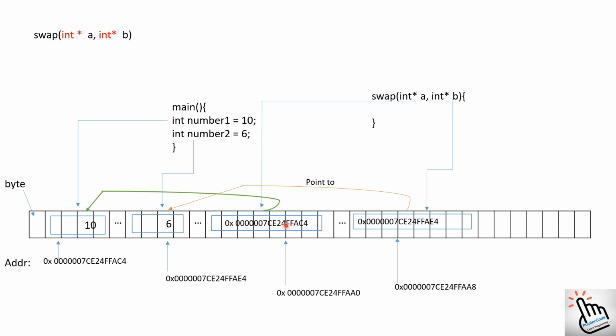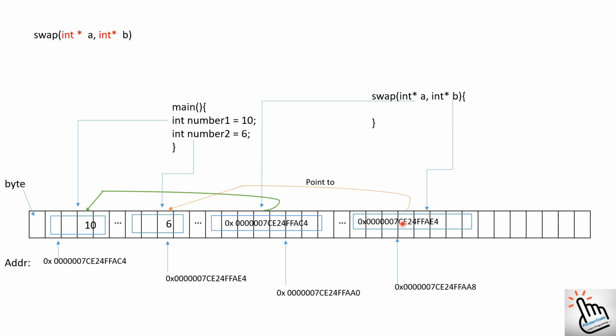That's why I make it 8 bytes here. And then it copies the address of the number 1 variable to A, and copies the address of the number 2 variable to B.